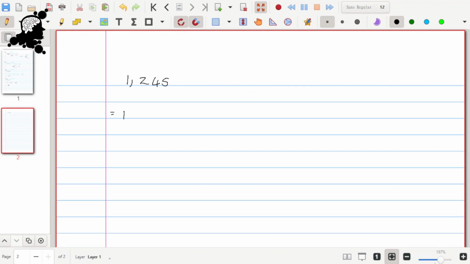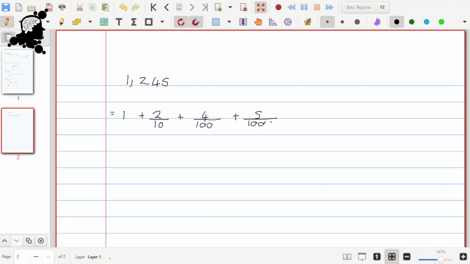So I'm going to say 1, my integer part, plus 2 over 10, the fractional part, plus 4 over 100, still the fractional part, plus 5 over 1000, still the fractional part. Go to scientific calculator, the one you can't live without. Press what you have right now on scientific calculator.